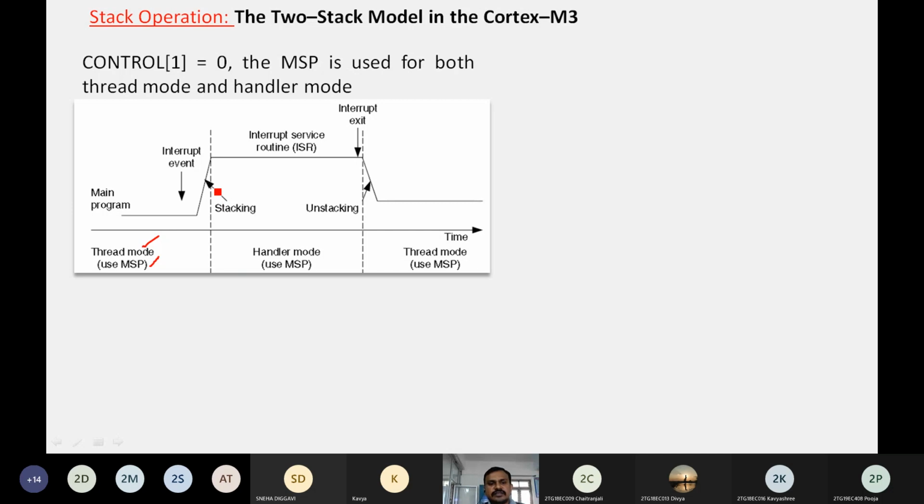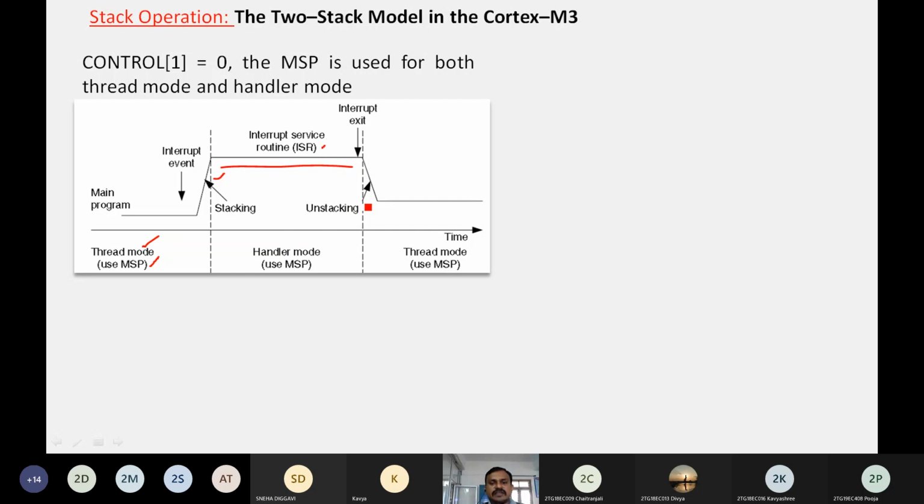Here the stacking is done: all the required registers which are used both in the main program as well as in the interrupt service routine, ISR, or the subroutine, we need to save with the push instruction. That is nothing but stacking. Then we go on executing the subroutine instructions.